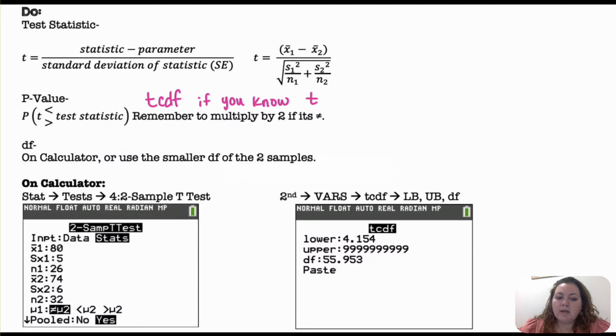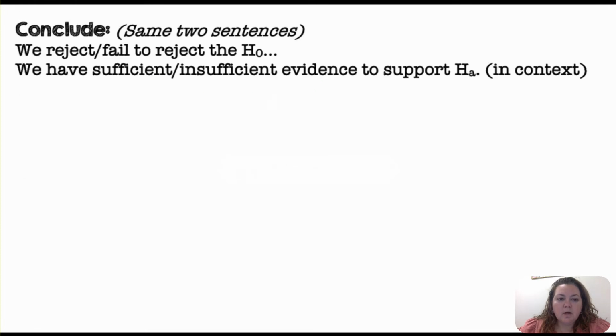Degrees of freedom you're going to want to get from your calculator, or use the smaller degrees of freedom of the two samples, but I prefer you just go with what your calculator gives you. There is a different formula when you have two different samples. In your calculator, you're going to go to stat, test, and then option 4, which is a two-sample t-test.